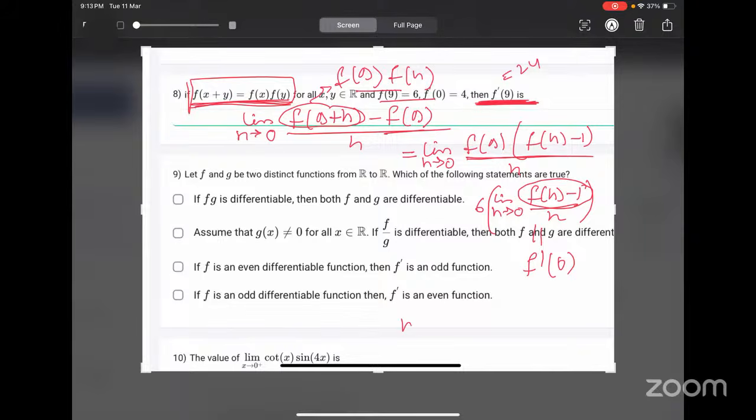That means f of 0 should be equal to 1. So here we will have basically f of h plus 0 minus f of 0 by h, which is f dash of 0, right? And f dash of 0 is 4. This is given. That means 6 into 4, 24. Right?